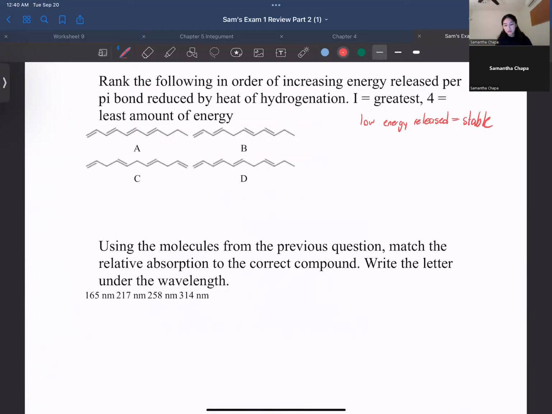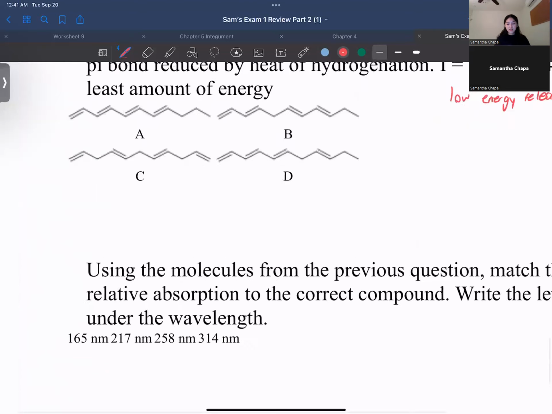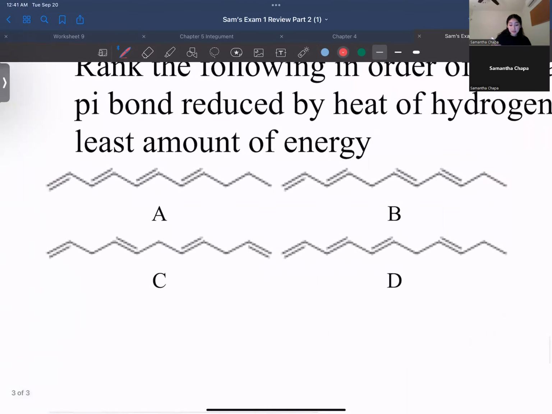So then here, notice that we have pretty much the same compound with a bunch of double bonds in different places. When we're talking about stability, we're basically asking you to see whether it has conjugation or not. You're going to find that some of them have conjugation, but what really matters is consecutive conjugation.